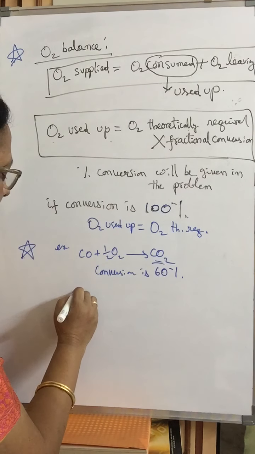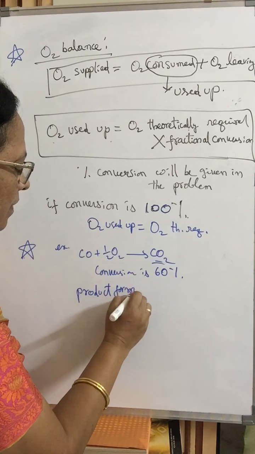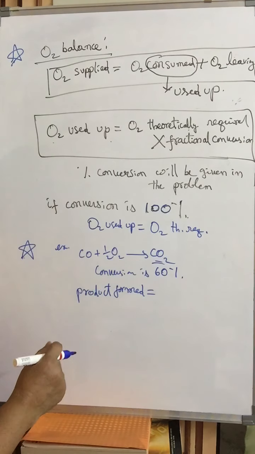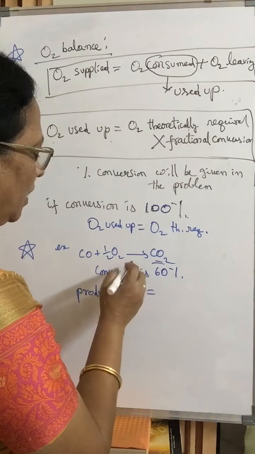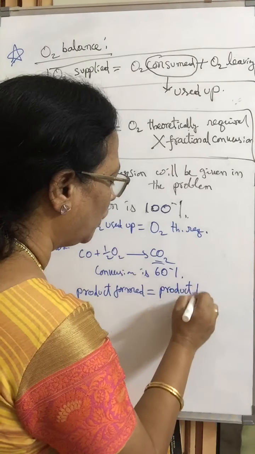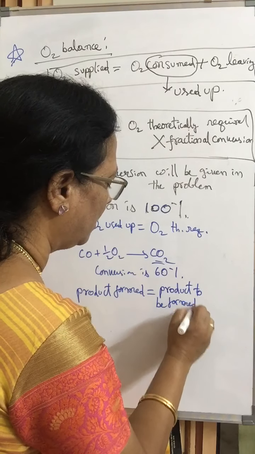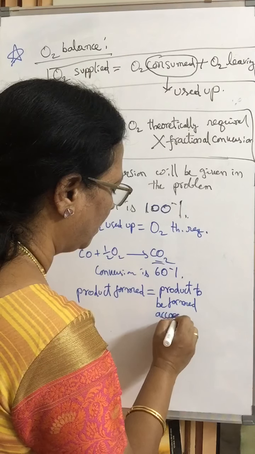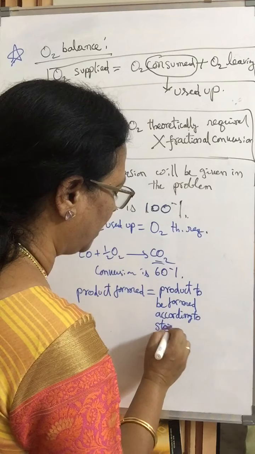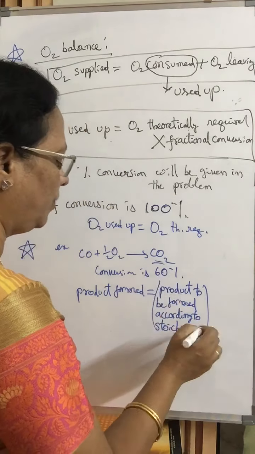The product actually formed is equal to the product to be formed according to the stoichiometric equation, into fractional conversion.